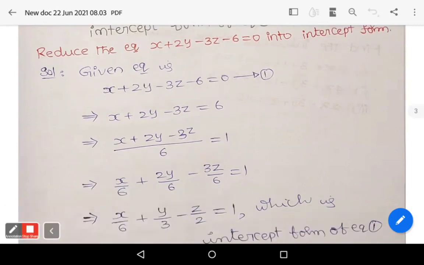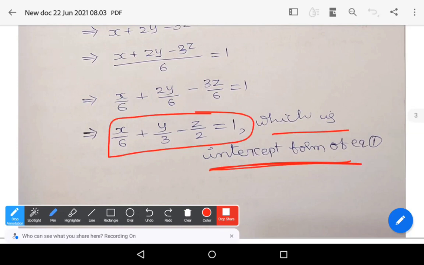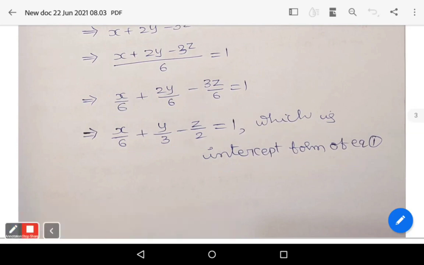Divide on both sides by 6. Split the terms: x by 6 plus 2y by 6 minus 3z by 6 is equal to 1. Then you simply get x by 6 plus y by 3 minus z by 2, which is the intercept form of the equation. So this is one of the simple methods.